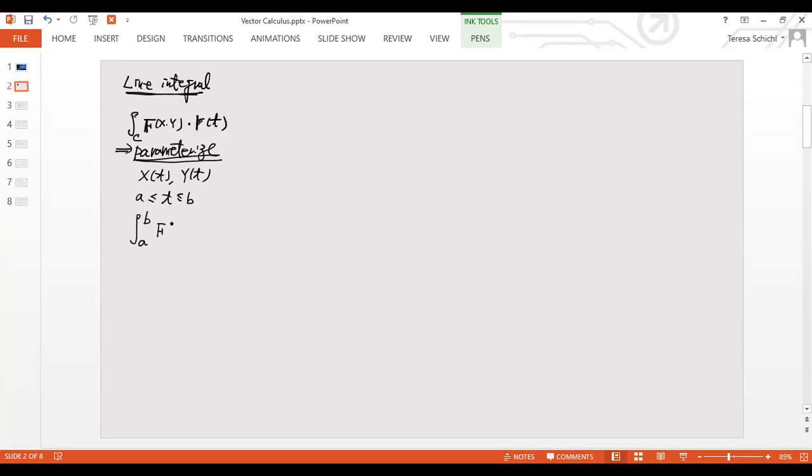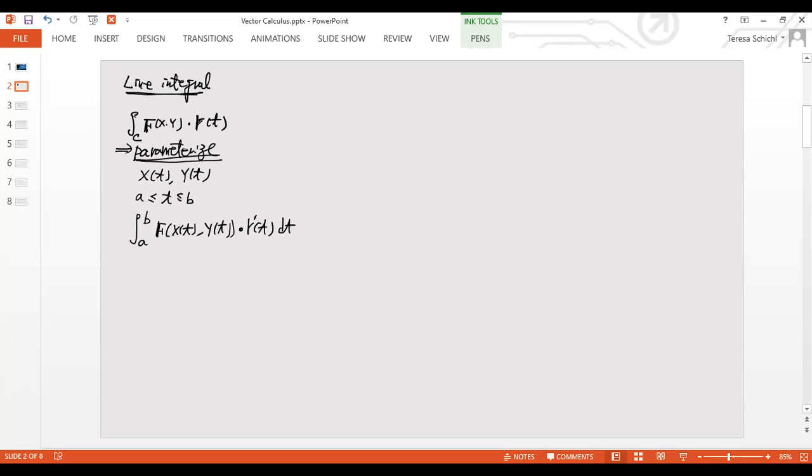Then here this will be x(t) and y(t), then you dot product with r prime(t) dt. So you change the whole thing into a single variable t, and you can integrate that.